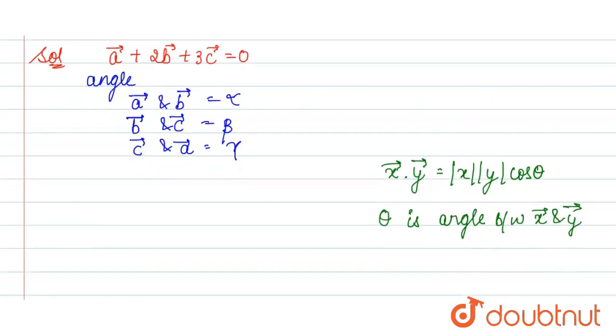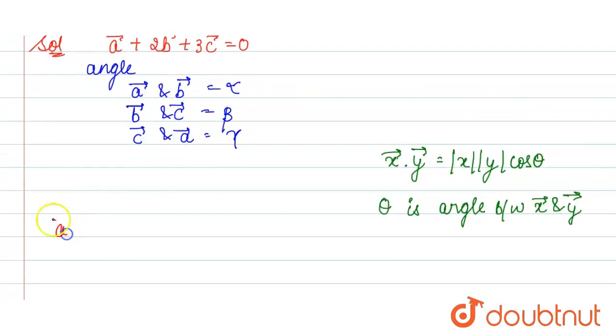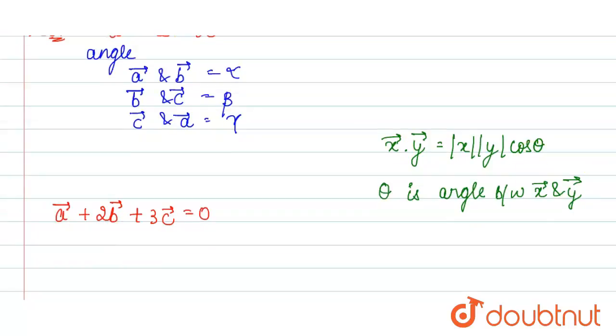Now here the given expression is a vector plus 2b vector plus 3c vector is equal to 0. So if we multiply both sides by b vector, then we get a vector dot b vector plus 2b vector dot b vector plus 3 into c vector dot b vector is equal to 0 into b vector, which is 0.